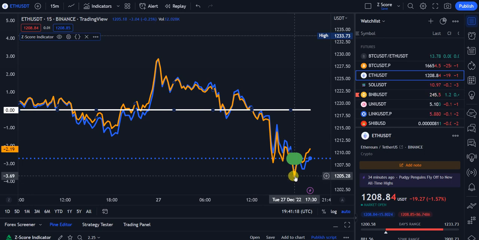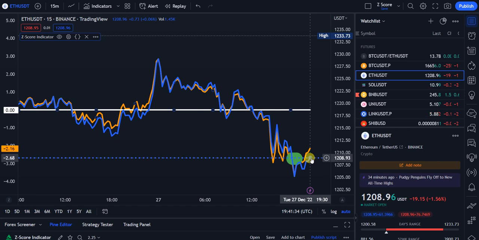It doesn't move a lot in this last week of the year, but Ethereum is also negative 3.7 in here, and you see you take the trade right here at 12.07, and now it's 12.08. It doesn't move a lot, but the Z-score is starting to move higher. So we'll see where this will take us.